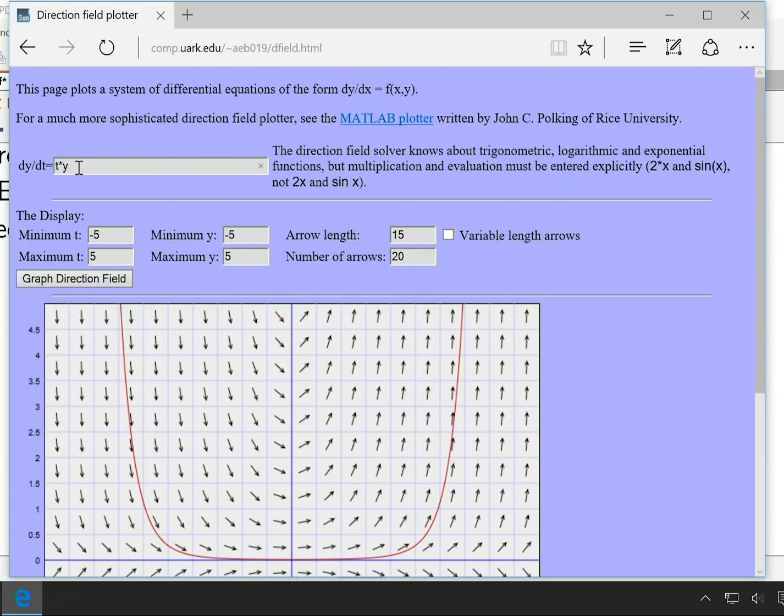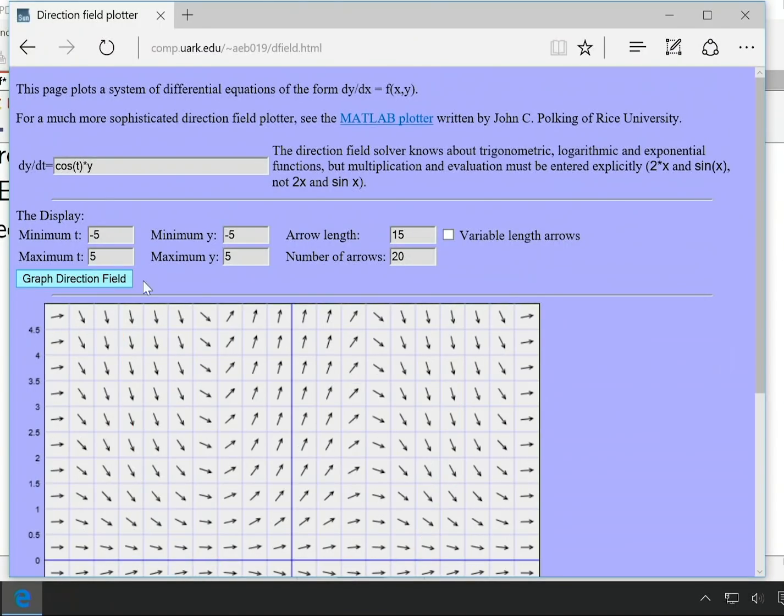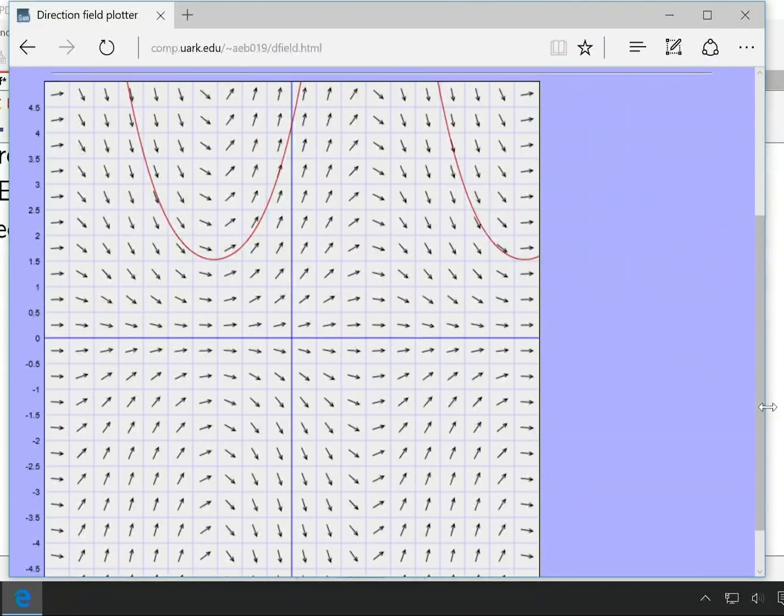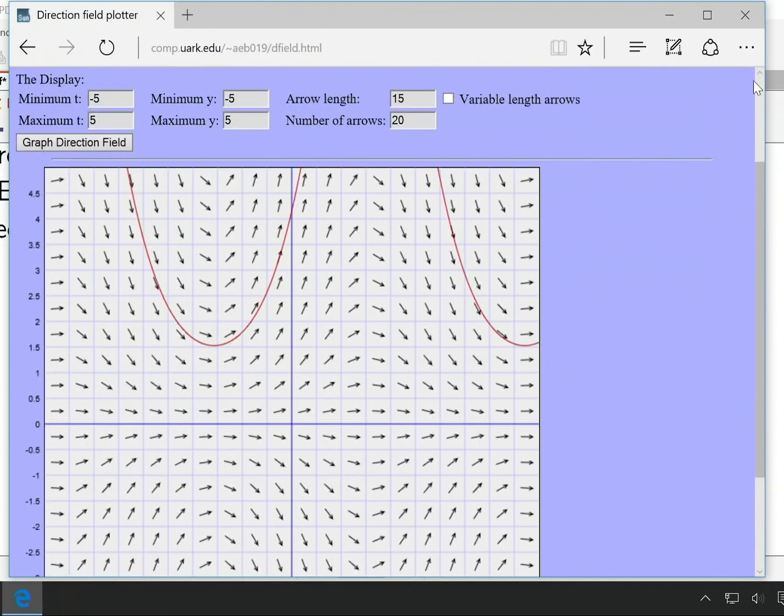Or you can say cos t times y, and that's something different. Again, you can use this tool in class, when you do your team-based learning. At least it's very simple.